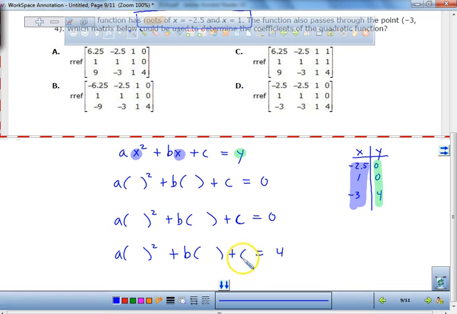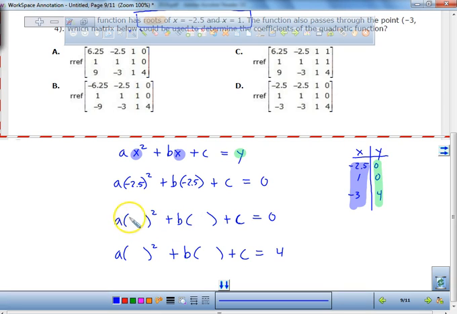All right. Predict what number am I going to plug in the first row. Jacob, what's the first number I'm going to plug in here and here? That's right, negative 2.5. So put negative 2.5 there and put negative 2.5 there.